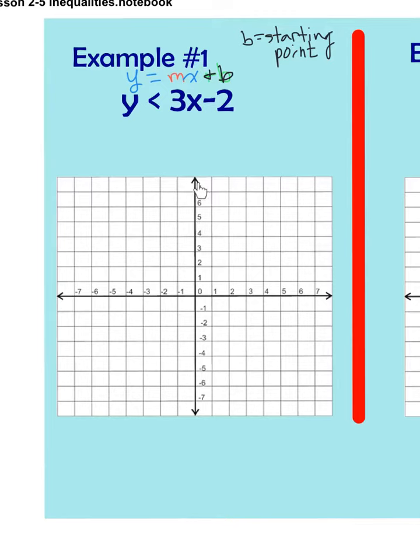In this case, our b is going to be -2. So I'm going to plot a point on the y-axis at -2. That's my starting point. And then m is your slope.